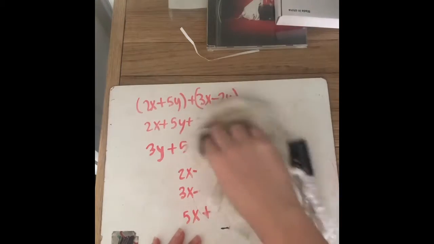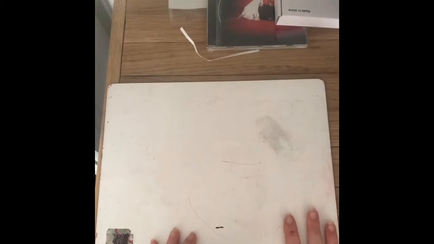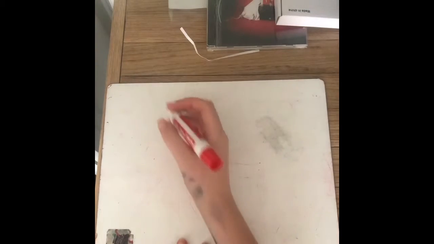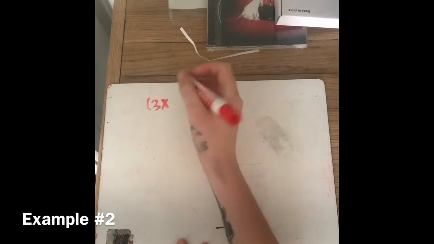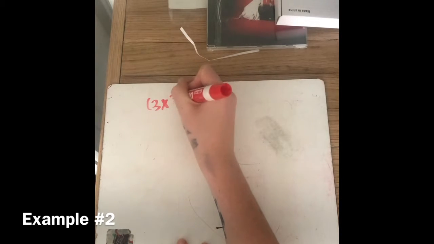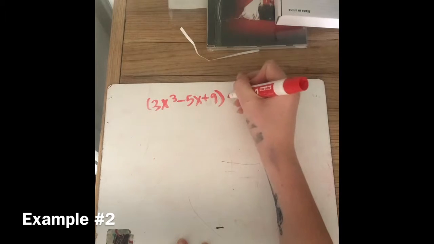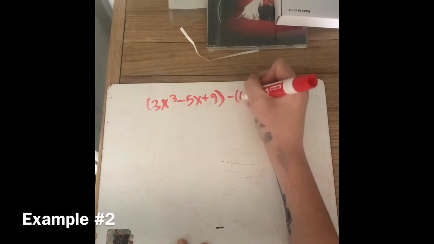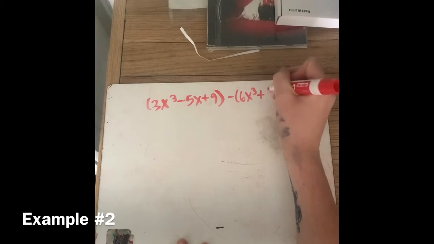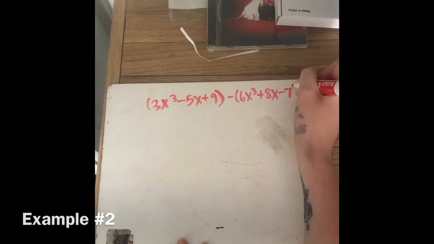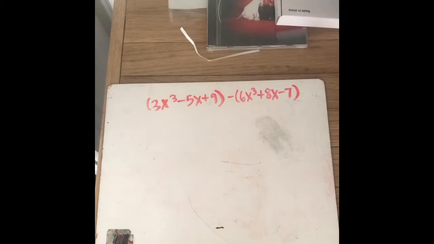So subtraction is a little bit different. You're going to want to be careful on subtraction. So 3x to the third minus 5x plus 9 minus 6x to the third plus 8x minus 7. Okay, so remember, you want to remove all the parentheses.